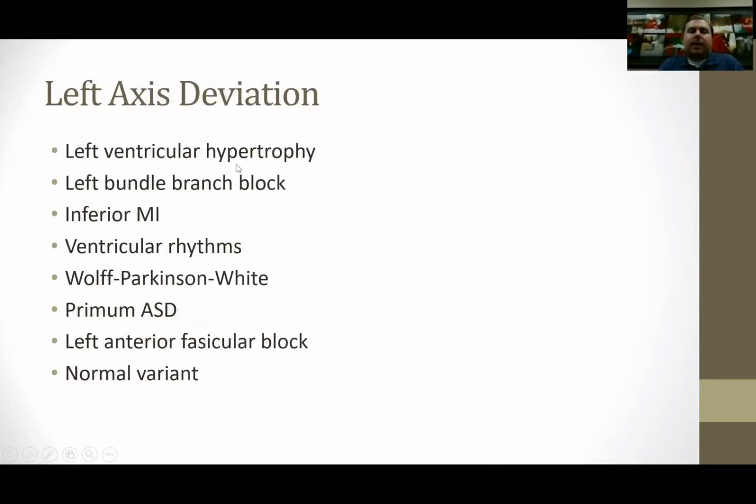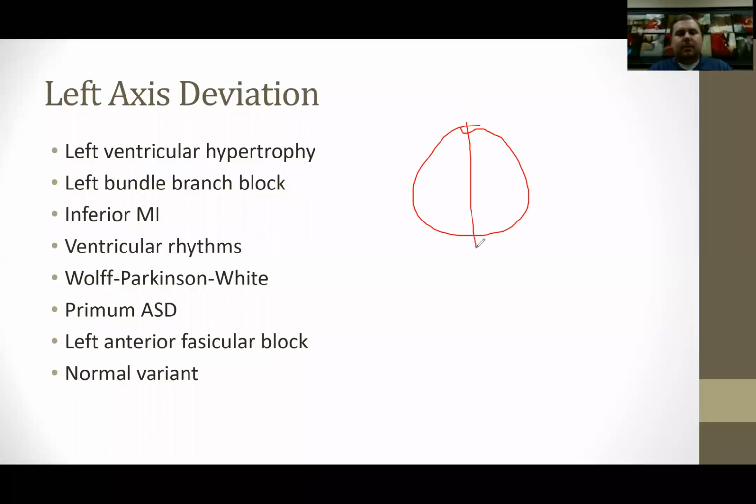Next differential is your left axis deviation, which is a little bit easier. There's not as many on here. Draw my circle, draw my heart, which each time it keeps getting worse and worse. I remember left axis deviation is going to be negative 30 to negative 90.